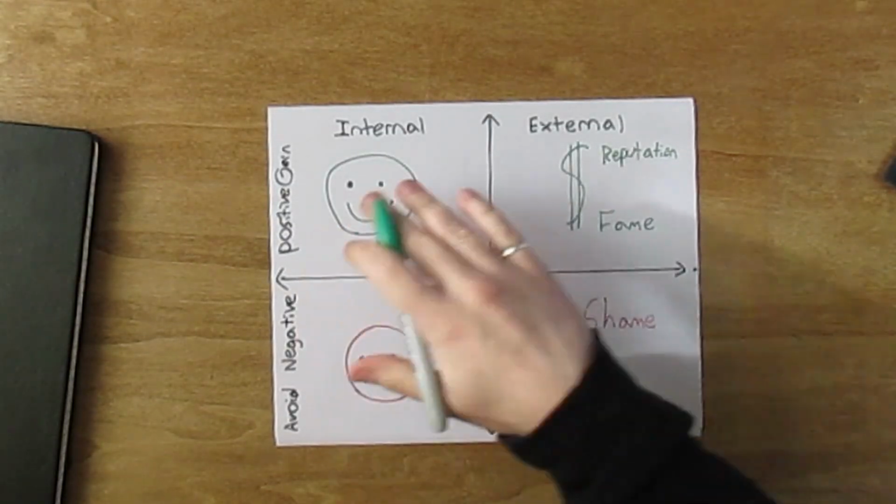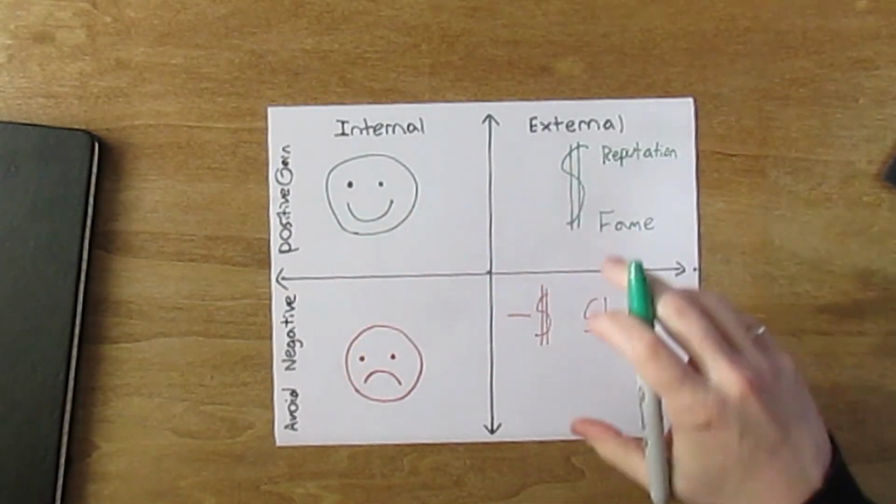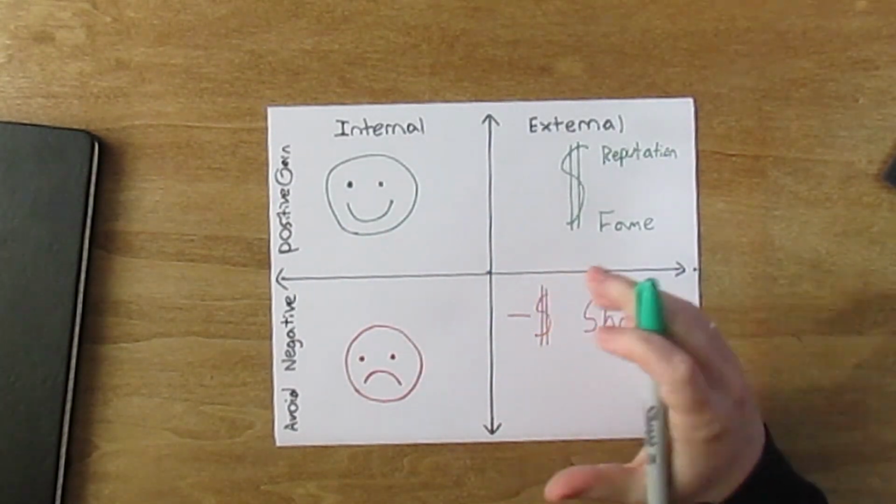Now, a well-developed character probably won't have their motivation fit into any one of these four quadrants in a very neat way. There's going to be a lot of overlap. But at the same time, if you have a bunch of reasons that a character is pursuing something to the point where each of these quadrants kind of fits, then that can also be a sign of poorly developed motivations.